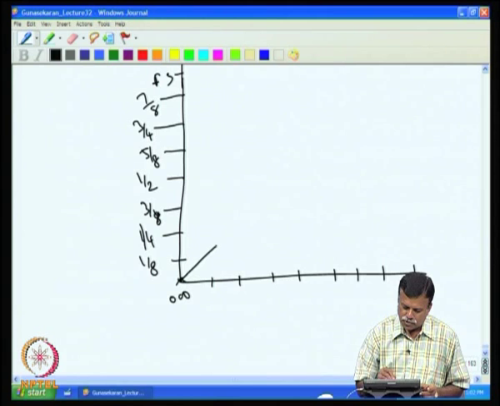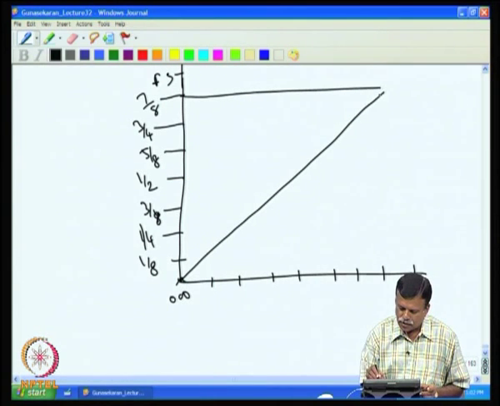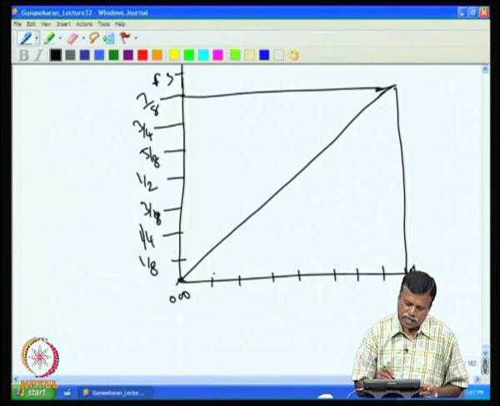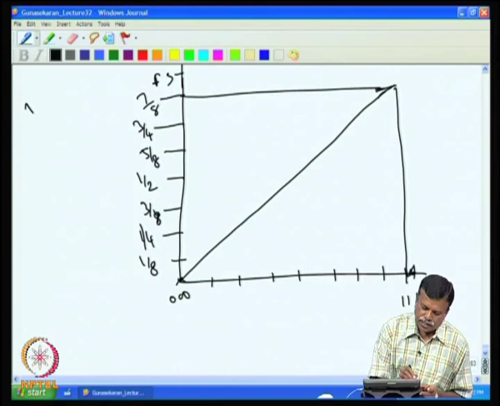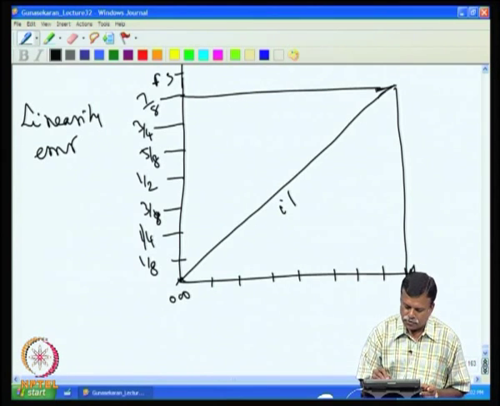Here we are supposed to go like this, and then supposed to get 1 1 1 at this point. This is ideal, this is linearity error. This is the ideal curve.